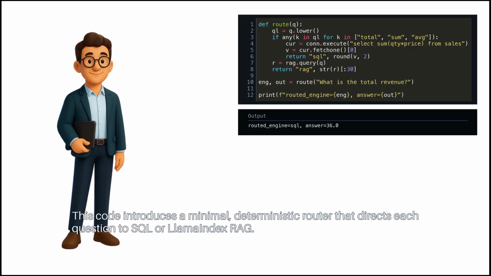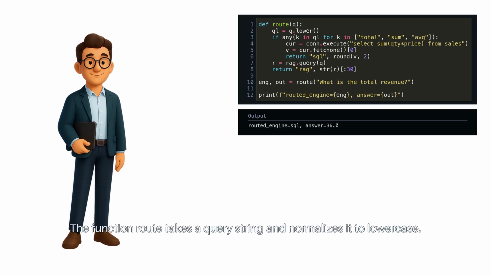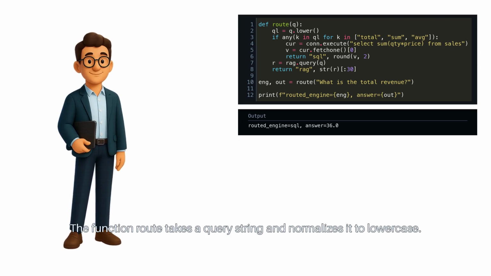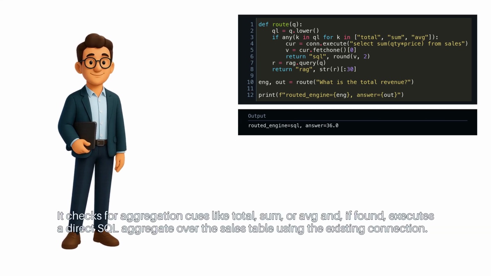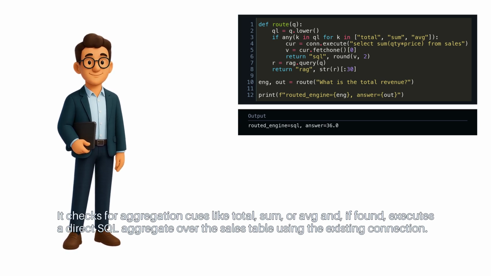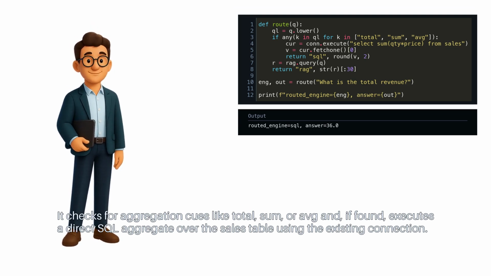This code introduces a minimal, deterministic router that directs each question to SQL or LlamaIndex RAG. The function route takes a query string and normalizes it to lowercase. It checks for aggregation cues like total, sum, or avg, and if found, executes a direct SQL aggregate over the sales table using the existing connection.